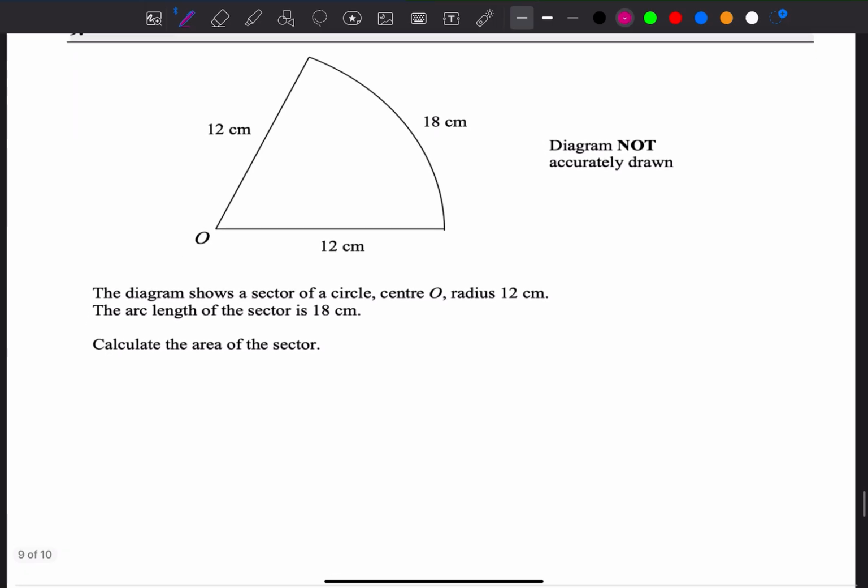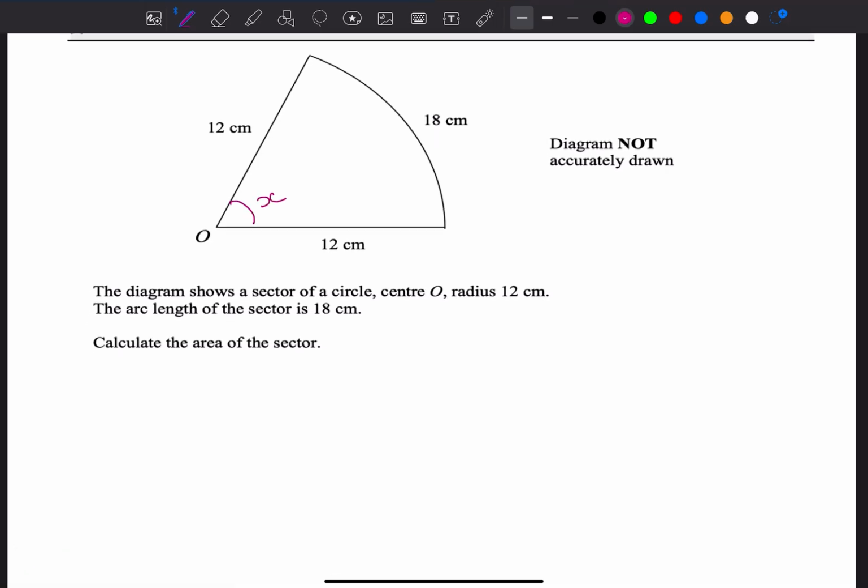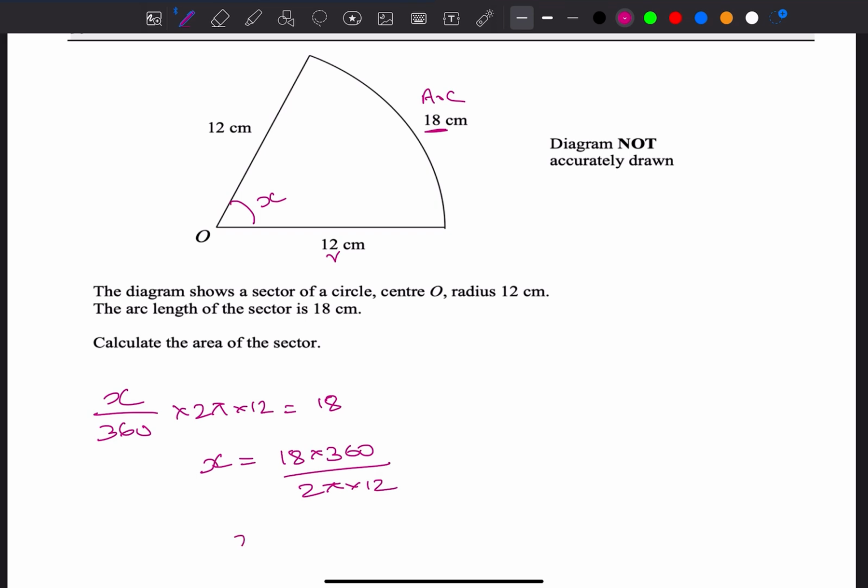Next one, work out the area of the sector. We can work out the angle here, x. This is your arc length, remember? So x over 360 times 2 pi r, where r is 12. That's your radius, remember? Equals arc length, which is 18. X is just what? 18 times 360 divided by 2 pi times 12. Which is 85.94 degrees.